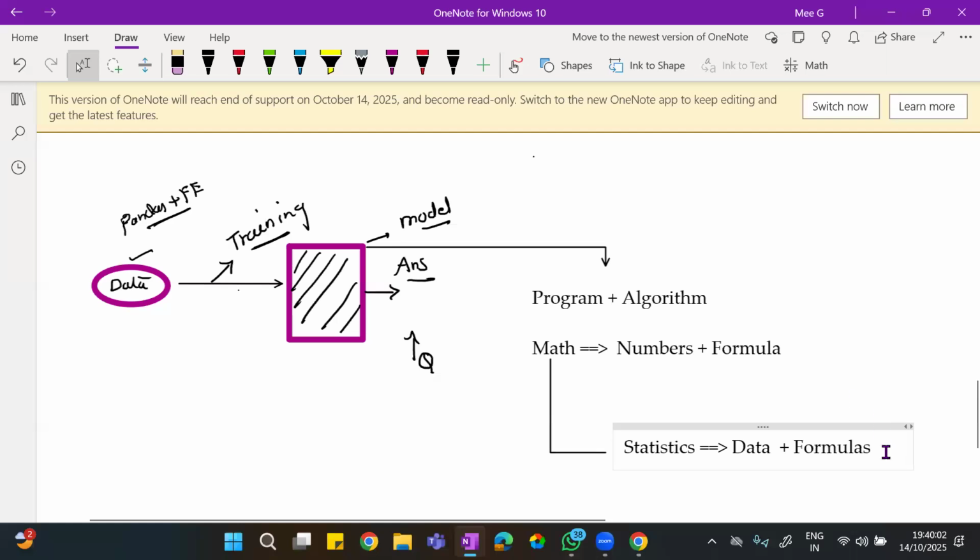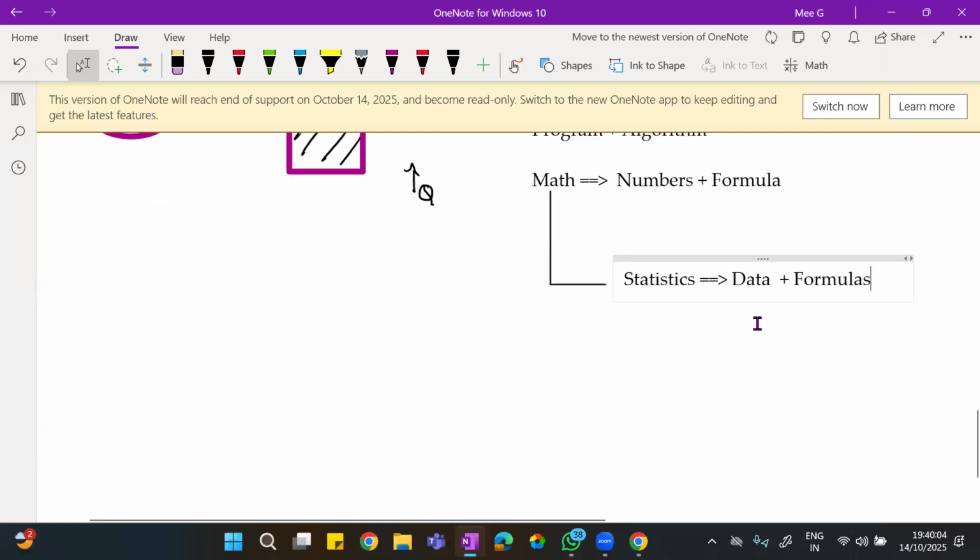But before applying these formulas, we do some mandatory pre-processing steps. That is called an algorithm. In general, an algorithm is a step-by-step process of implementing a logic, or what we call a formula, on that data.